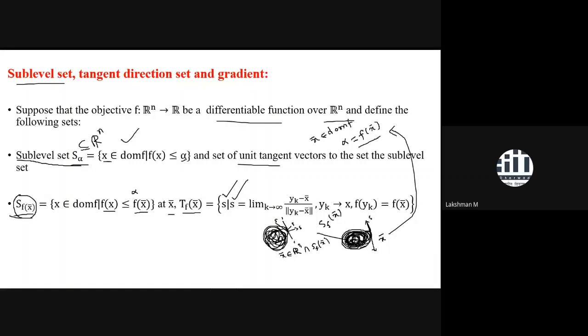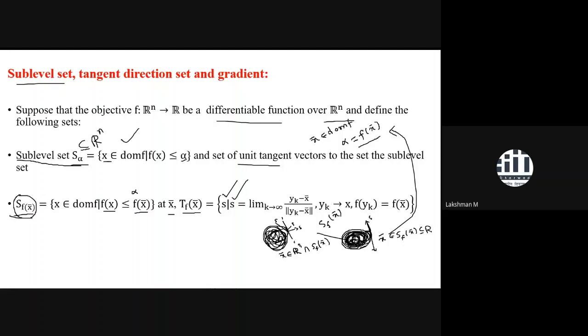But in the case of this example, your x bar comes from again S_f at x bar, and it is actually a two-dimensional disk. It is a subset of R2.